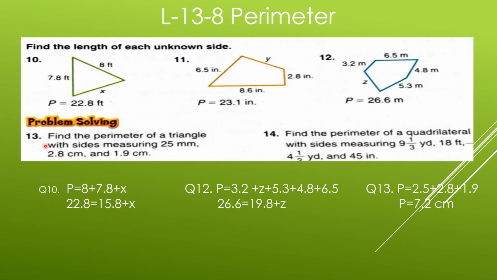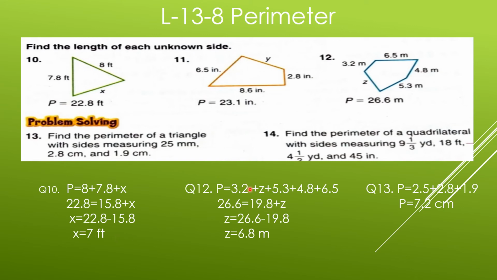What is the P? 22.8 is equal to, you add these two numbers plus x. Then x is equal to, because you find x, it forms an equation. Then subtract both sides, 15.8. 22.8 minus 15.8. What is the answer? The answer is 7 feet.